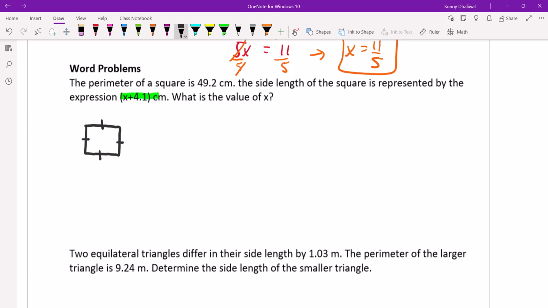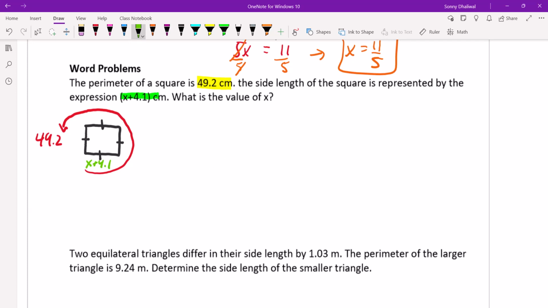And they're saying, hey, the distance all the way around, the perimeter, is 49.2. And they're saying each side is x plus 4.1. X plus 4.1, x plus 4.1.